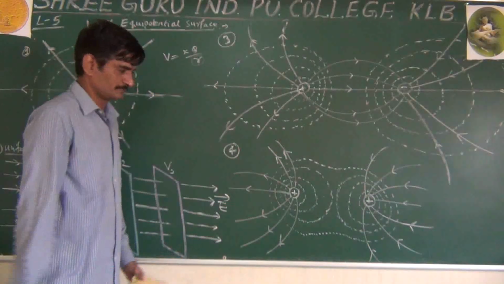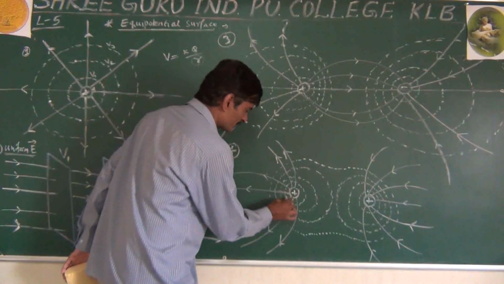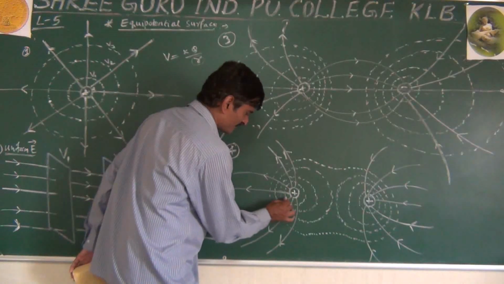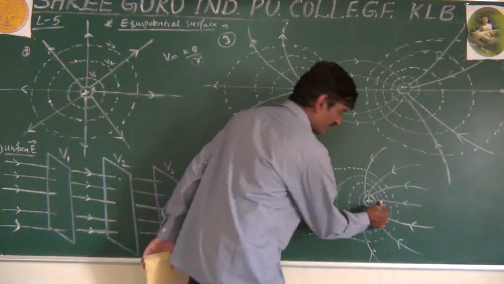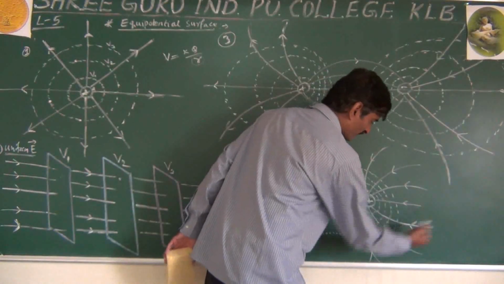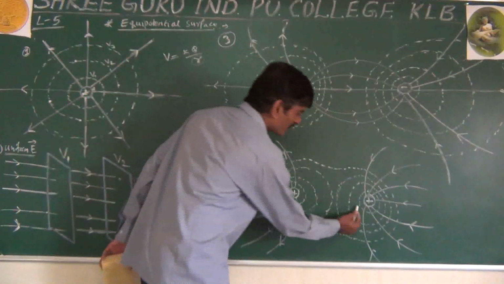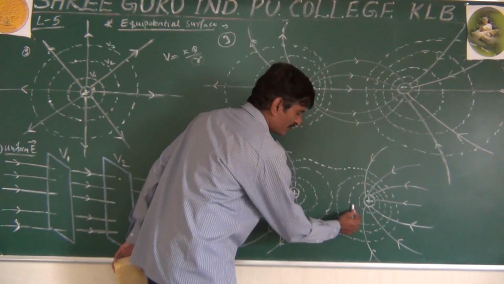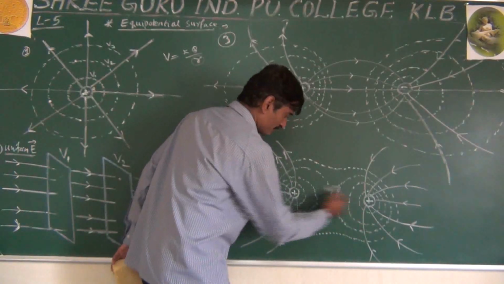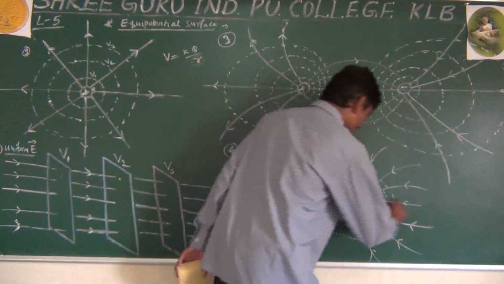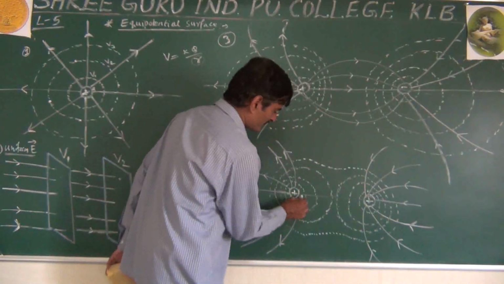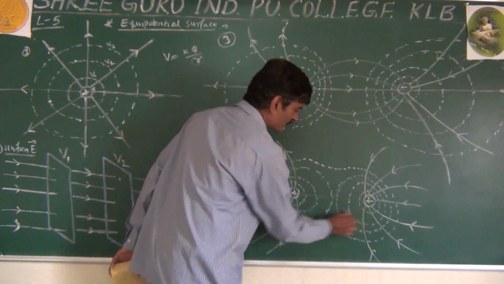See here also. So here we observe that the equipotential surfaces are closer outside the charges, whereas they are a little bit apart in between the charges. So their distance is more. That indicates that here the electric field is weak.